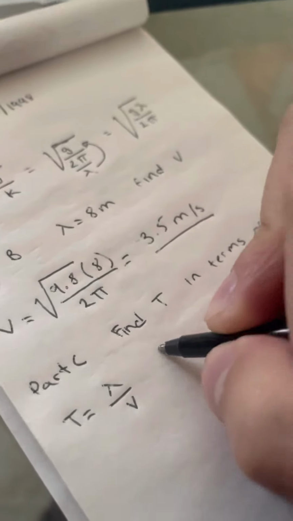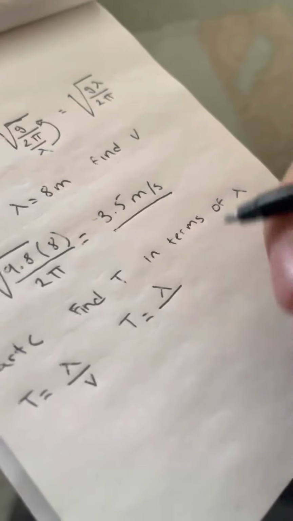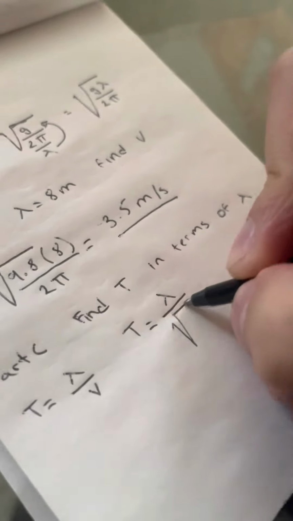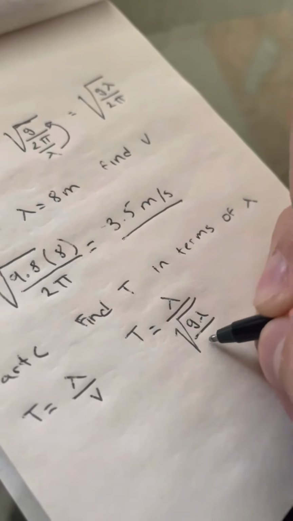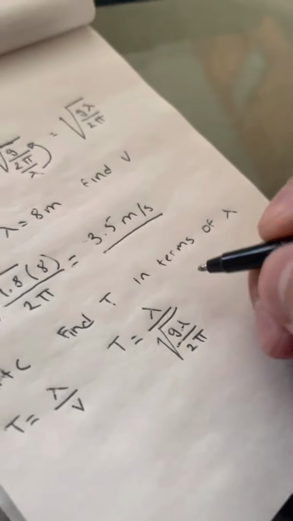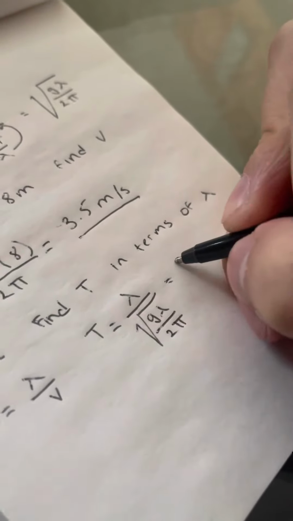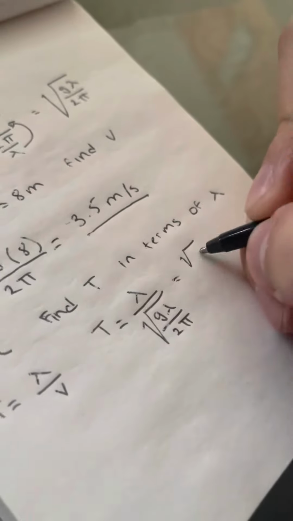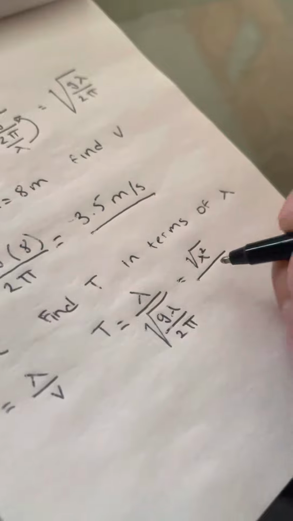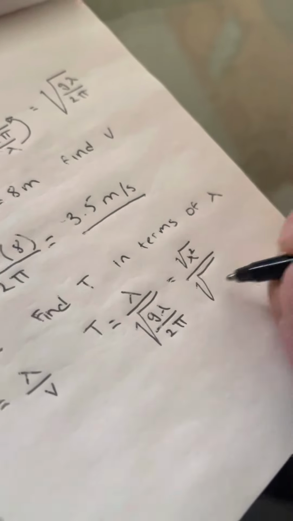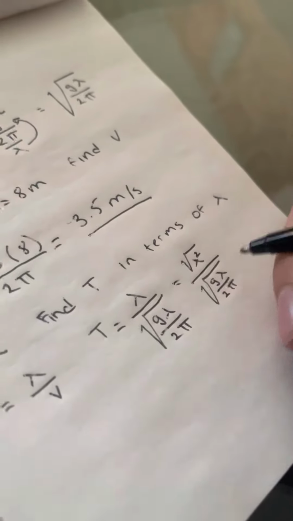So we have T equals lambda over the square root of gravity lambda over 2 pi. And now in order to simplify this, we can take the square root of lambda squared, which is just lambda, over the square root of gravity lambda over 2 pi.